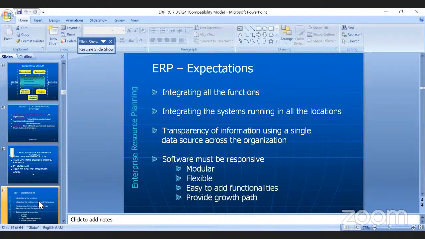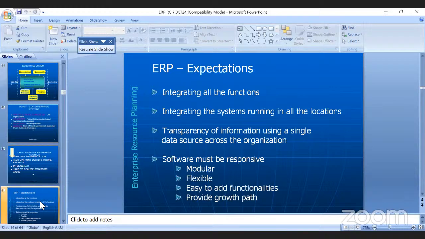There should be good management decisions by availability of the right information to the right person at the right time. There should be a reduction in inventory cost, less time from order to delivery, and there should be customer profitability. Finally, the customer should get a profit out of it. Otherwise, why do we invest? You should give a lesser price and make more margin, more profits.